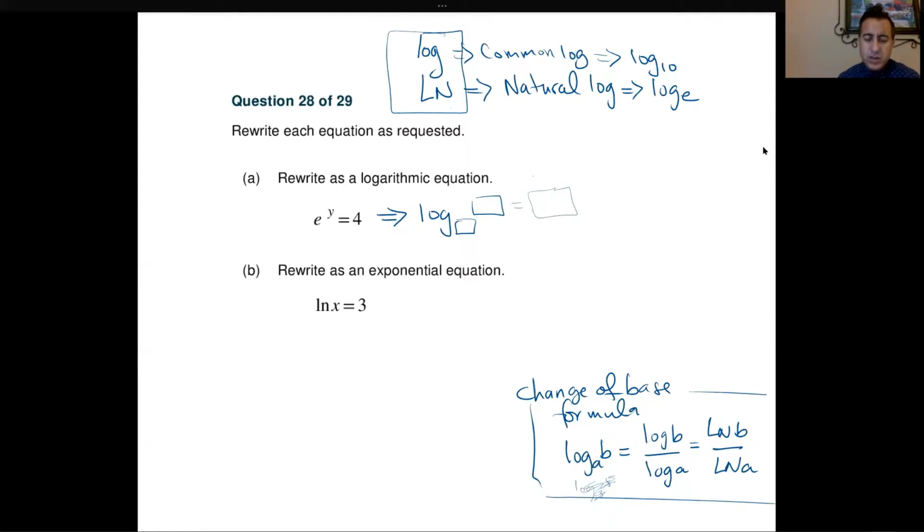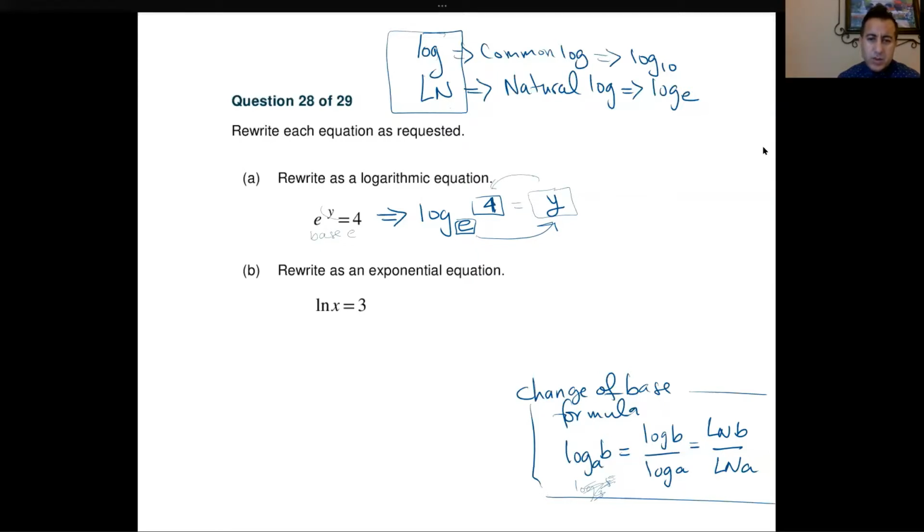As I mentioned, an easy way to, if this gets confusing, is to keep in mind that the e, which is the base here, is still going to be the base here, right? And the y, which is the exponent, is always here the exponent, because you need that, right? And 4 is going to be here to do that.